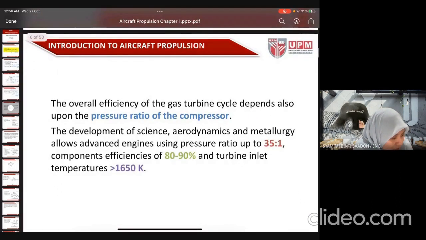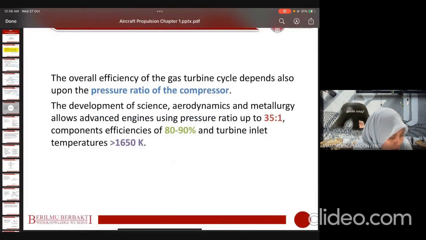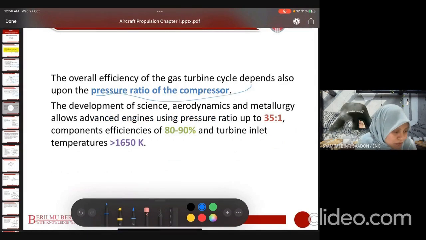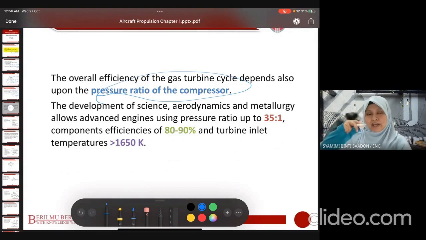Okay, the overall efficiency of the gas turbine cycle depends also upon the pressure ratio of the compressor. So another factor is the pressure ratio of the compressor. It means the pressure at the inlet and outlet of the compressor, the compression pressure.